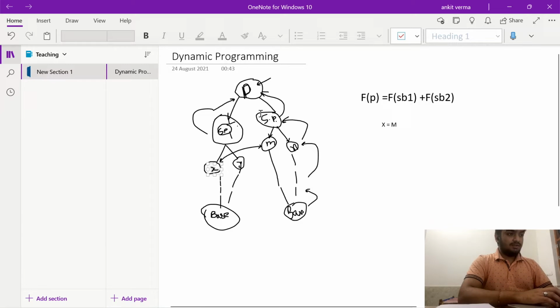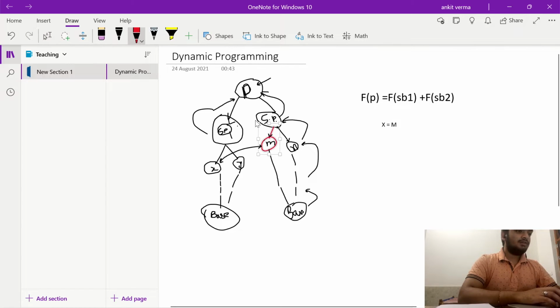So let's say this part is completely done, and we have to solve this part. Then we reach this position, and we can say that I have already solved this problem. Why would I have to solve this again? Then I directly return from the function here.